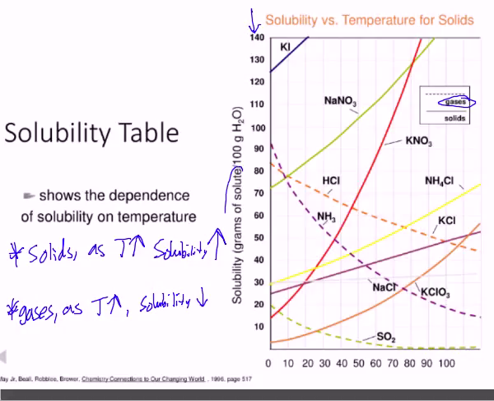It's the grams of solute. Those numbers show you grams of whatever you're putting in with water. Well, how much water do you have here? 100 grams. So don't get those two things confused, guys. This graph shows the grams of solute, the numbers on the y-axis, that dissolve in 100 grams of water at that temperature.